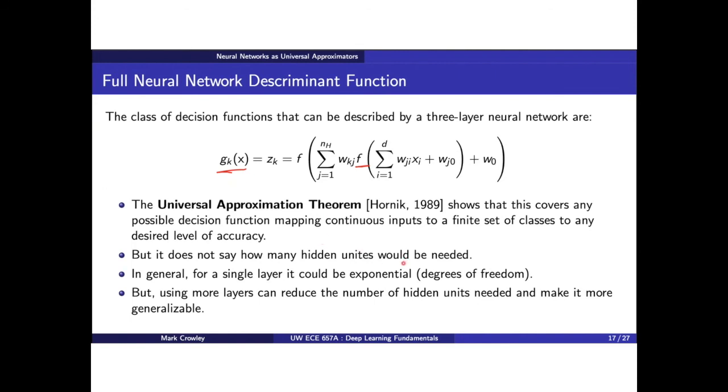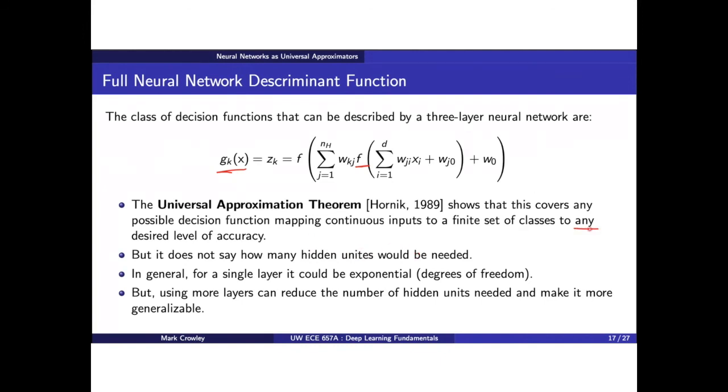There is this theory, which is why people got into using it originally, and people in the 90s were very excited about neural networks, that they should be able to fit anything, right? I think I mentioned this briefly before, there's this universal approximation theorem that any function you could want that maps continuous inputs to finite outputs, you can do it, and you can do it to any level of accuracy, which is a pretty broad statement.